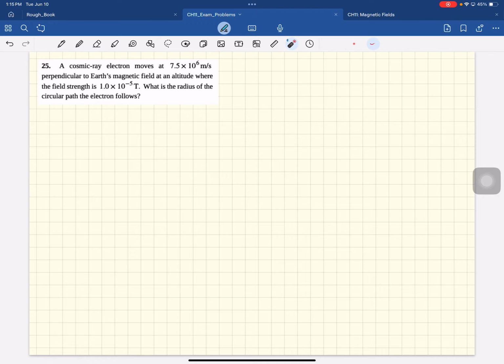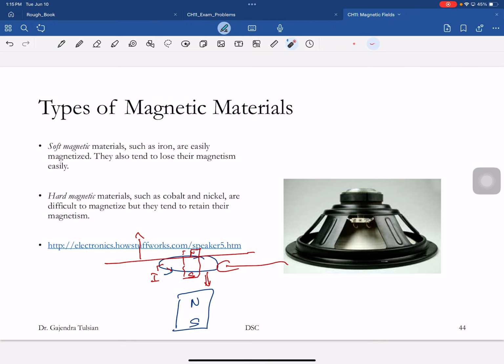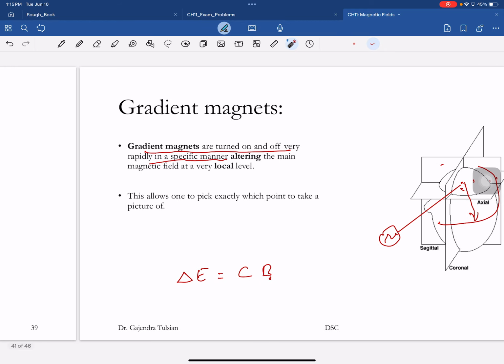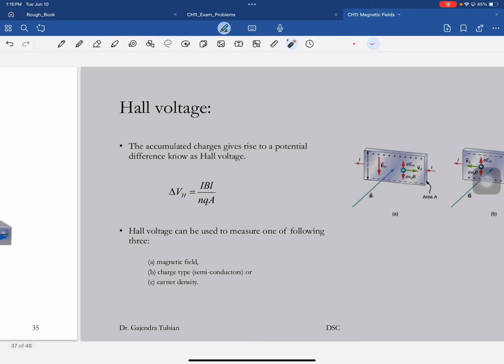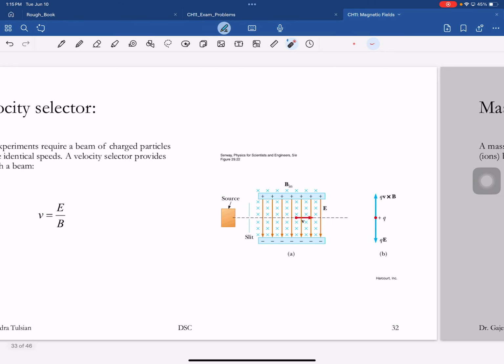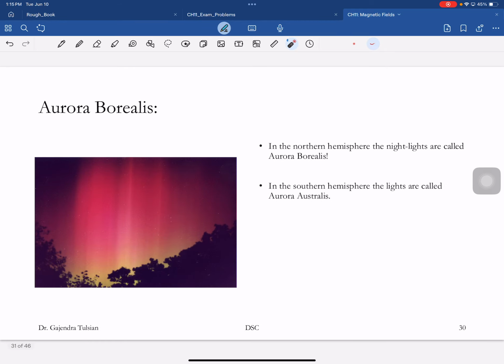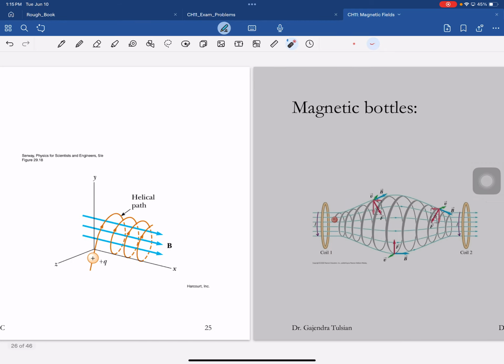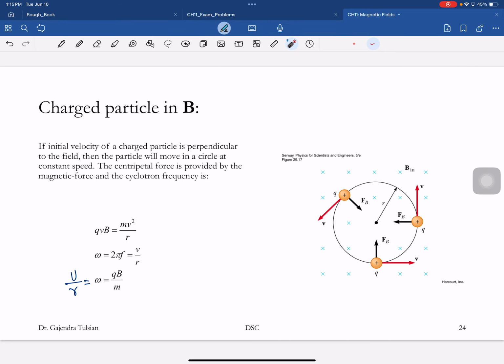So you can start off with this. The centripetal force is provided by the magnetic force. Or V by R is equal to QB by M.